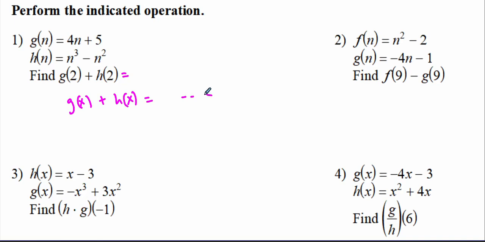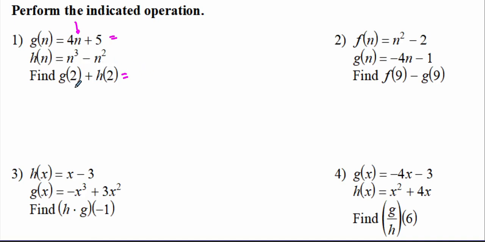However, that feels like overkill, much more difficult than it needs to be, because if all I care about is this value, I'm going to plug in 2 into the g function, find the value of it, and then do the same thing for the h function.